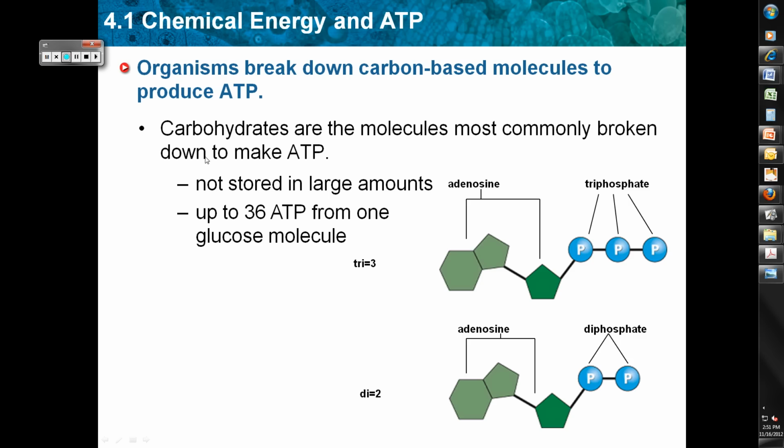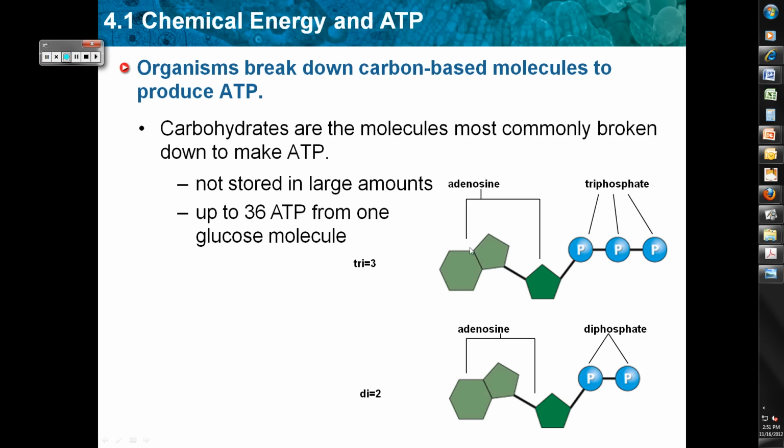Now, carbohydrates are only stored in your muscles and your liver as glycogen, so you don't have large amounts of carbohydrates hanging out in your body. From each glucose molecule, you can get up to 36 ATP recharged from one glucose molecule.